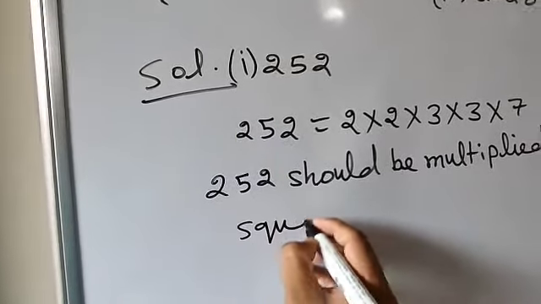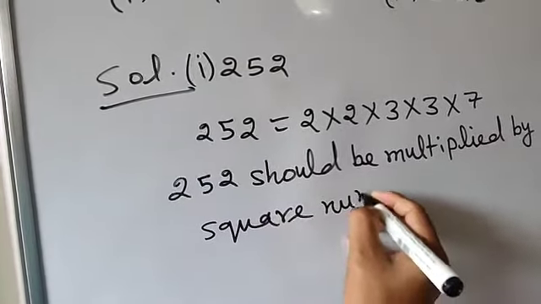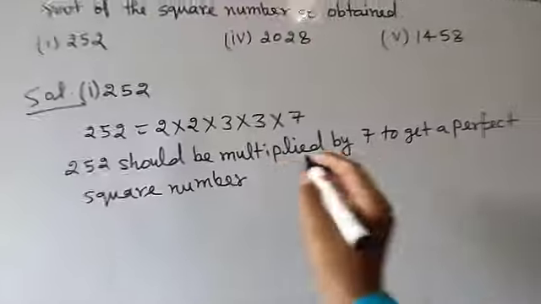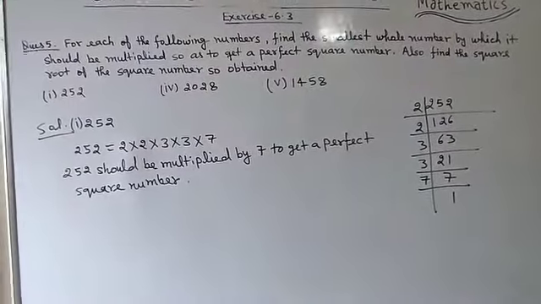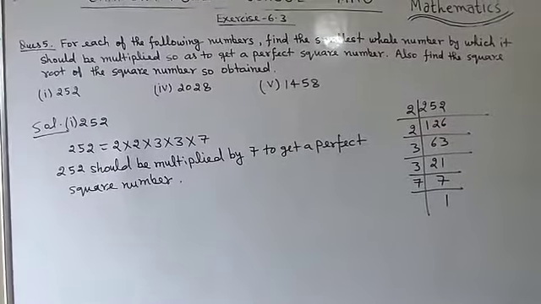So the first part asked by which number it should be multiplied. This number should be multiplied by 7 to get a perfect square number.